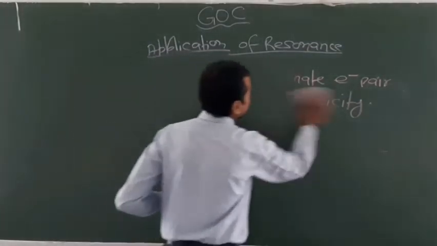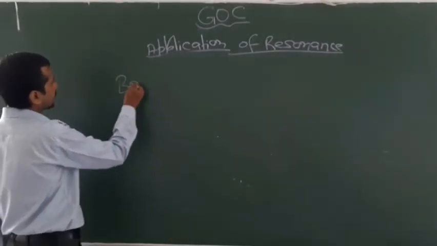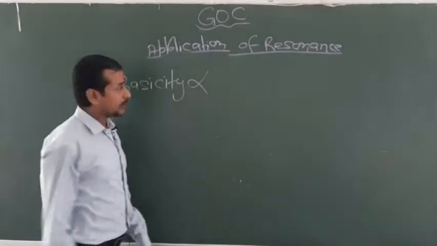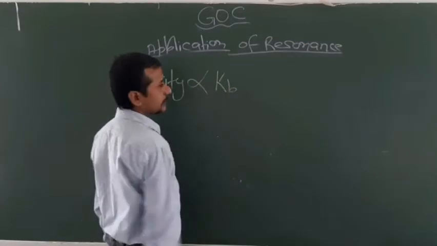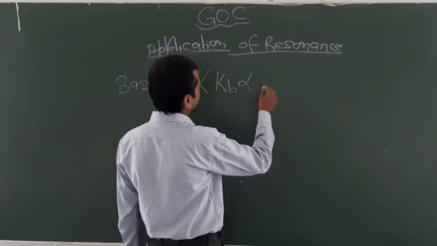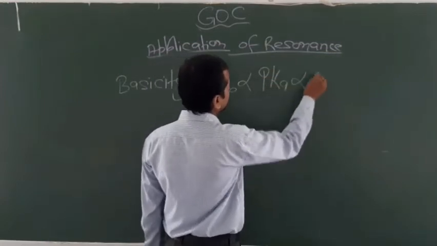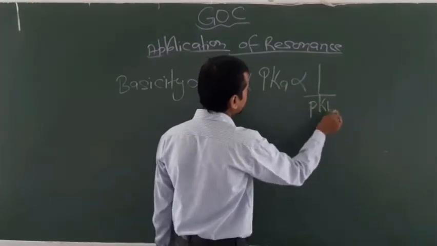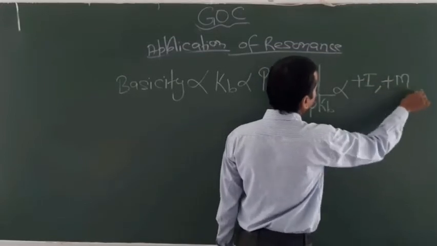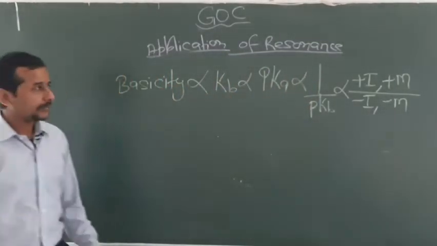Now dear students, some more points you have to note down. Basicity, just like acidity, is also directly proportional to Kb, known as the base dissociation constant, inversely proportional to pKb, directly proportional to plus I, plus M effect, and inversely proportional to minus I, minus M effect.